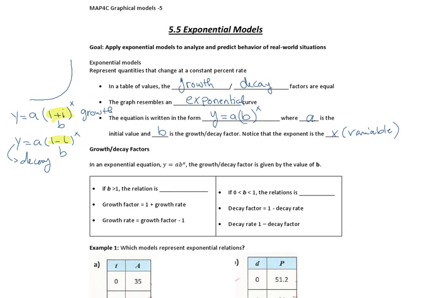I asked you what is your growth rate. So if you had, for example, 1.08 as b, to find the growth rate, you had to do 1.08 minus 1. And then found the percentage, and that would be your growth rate.